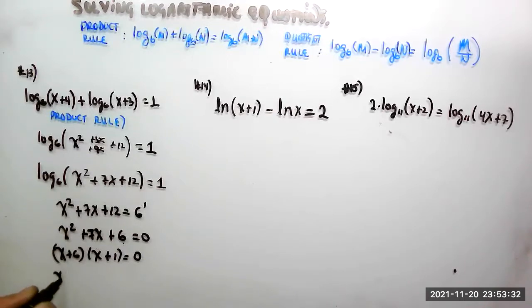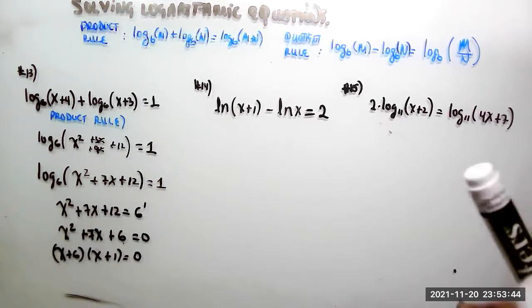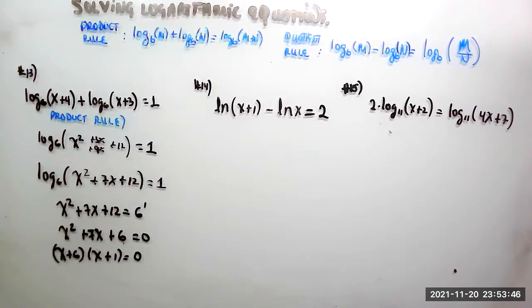When x plus 6 equals 0, of course, x equals negative 6, or when x plus 1 equals 0, x equals negative 1. So we have x equals negative 6, or x equals negative 1. Oh, the two numbers are negative, so we can't take logs of negative numbers, should we kill both numbers? Not quite.